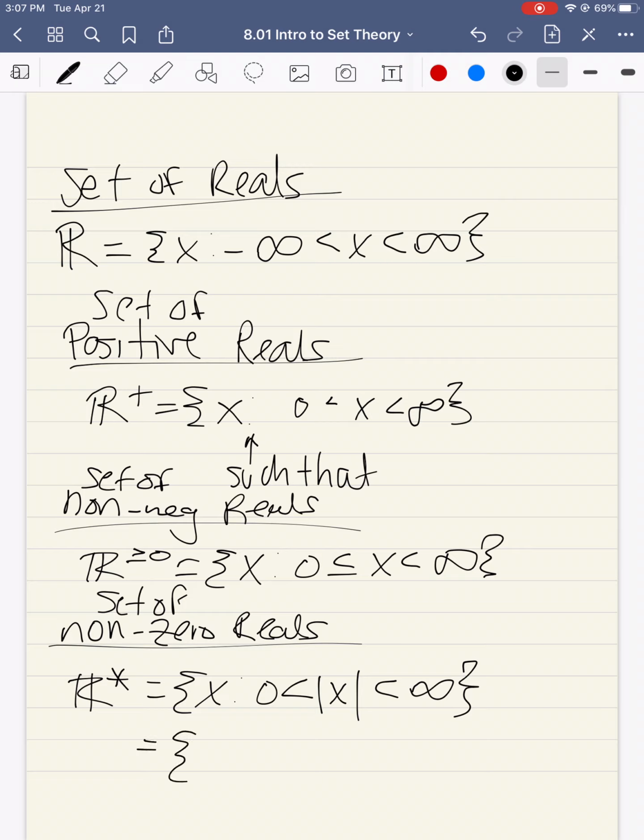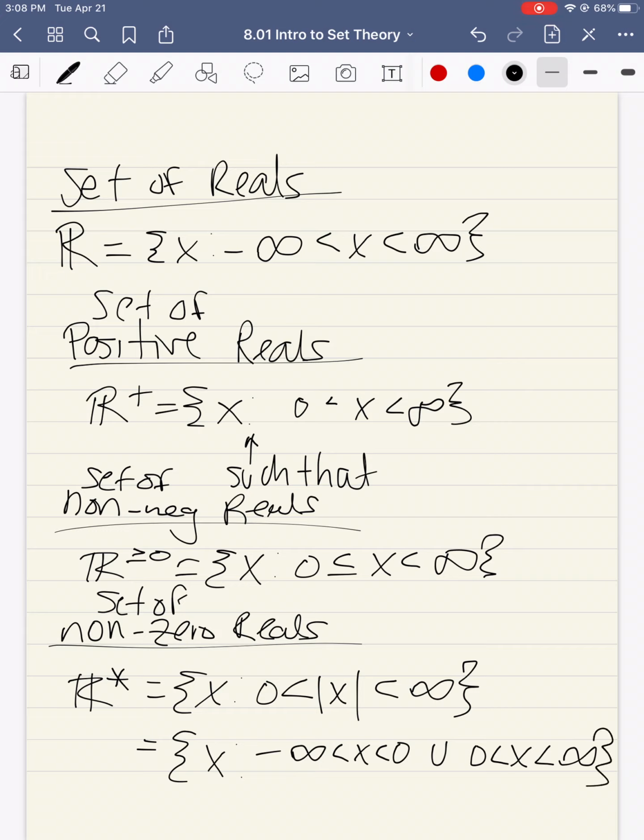Another way that you could probably do this is with a union, so we could say negative infinity to 0, union with 0 to infinity, something like that.